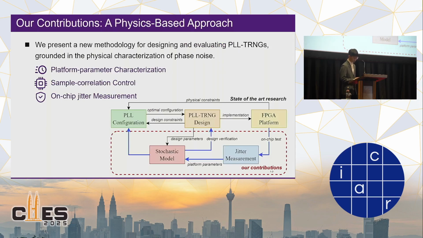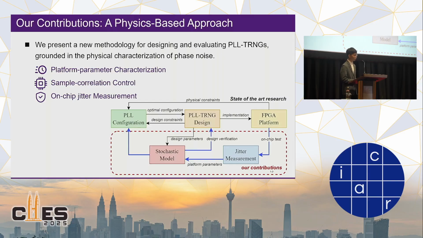So this brings me to our proposed stochastic model. We present a methodology for designing and evaluating the PLL TRNGs grounded in the physical characterization of the phase noise. We have three main contributions. First, we propose an enhanced stochastic model for the PLL TRNG, accounting for all the correlations for the different PLL outputs.